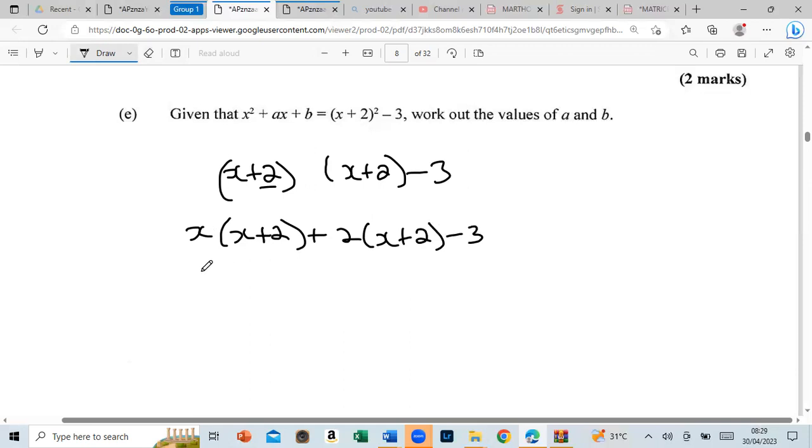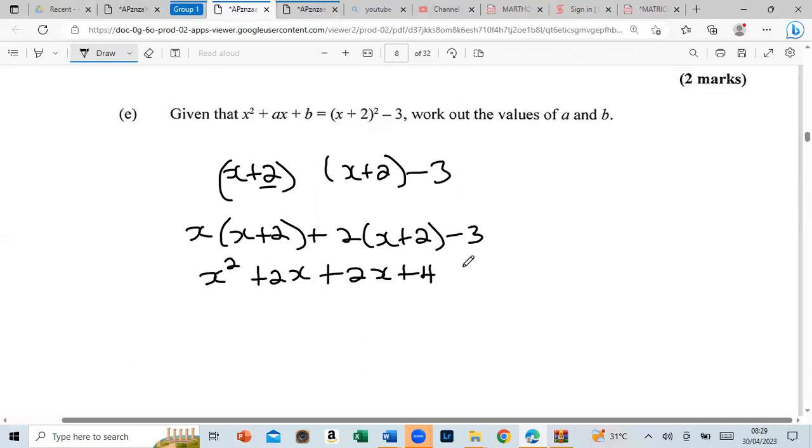So x times x, x squared; x times 2, 2x. So we're done with that, right? Bracket means multiply, so we use 2 times x, which gives us 2x, and then 2 times 2, which gives us 4.